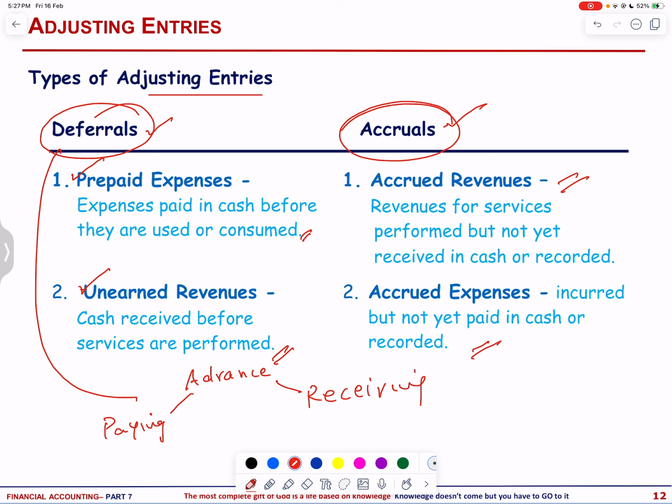If they are paying in advance, that is number one, prepaid expense. If they are receiving in advance, that is number two, unearned revenue. Prepaid expense is an asset and unearned revenue is a liability.